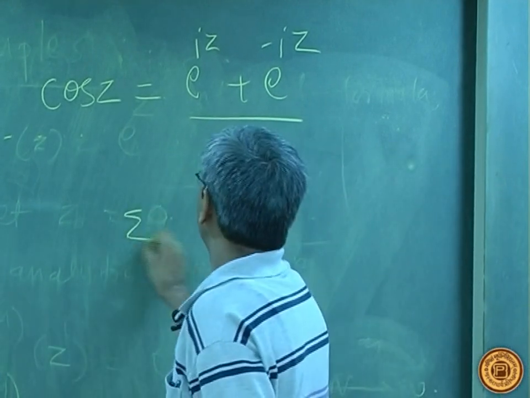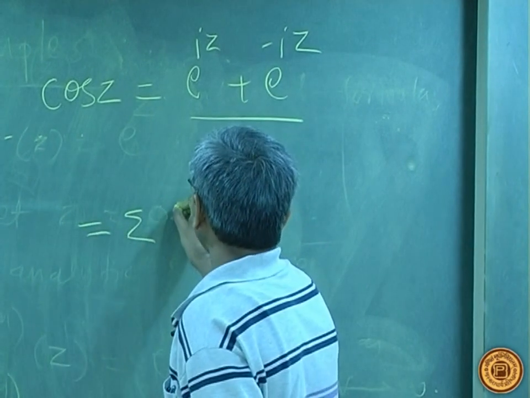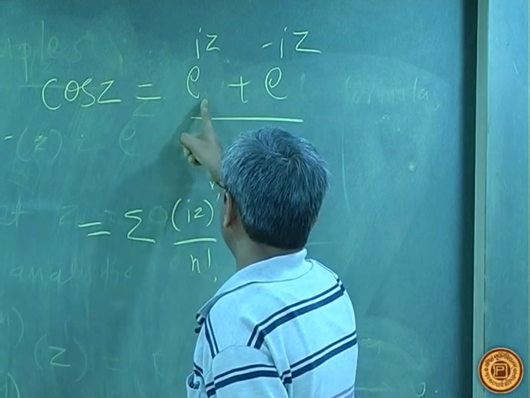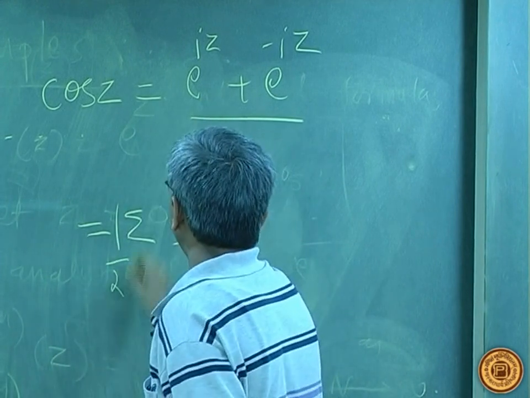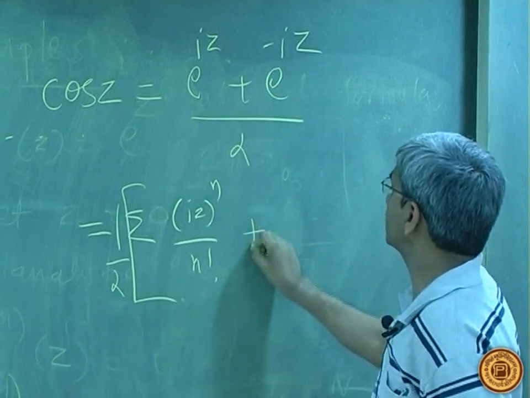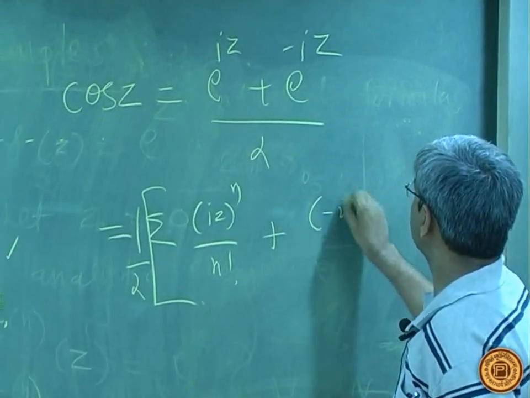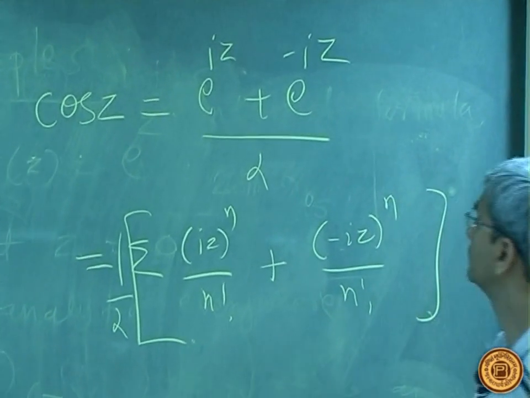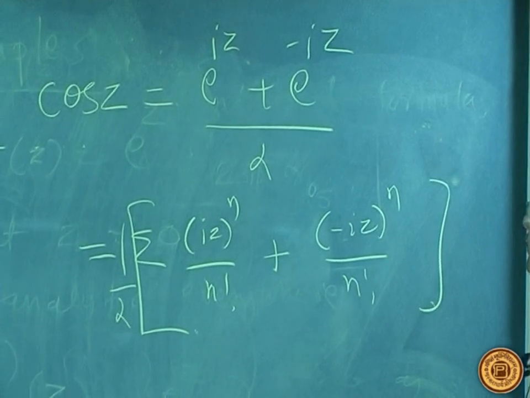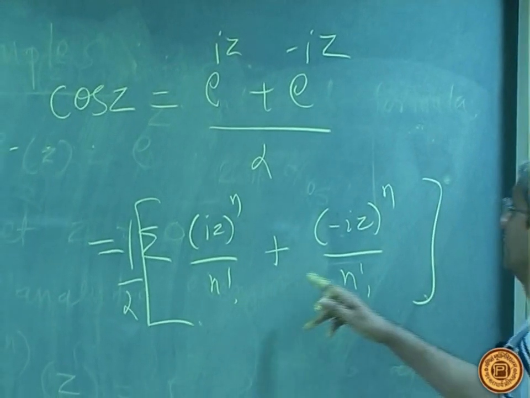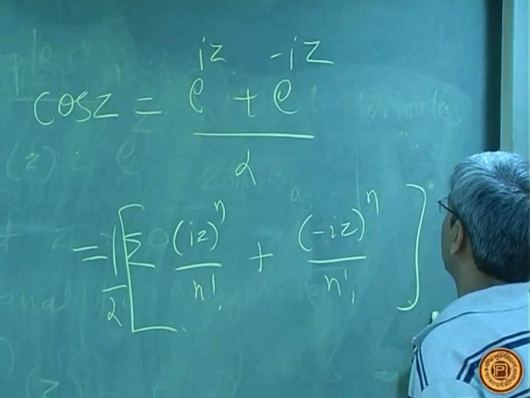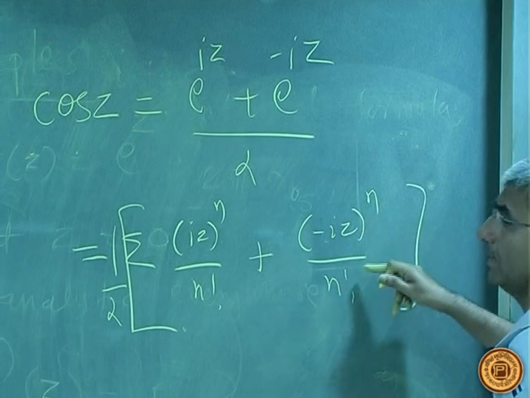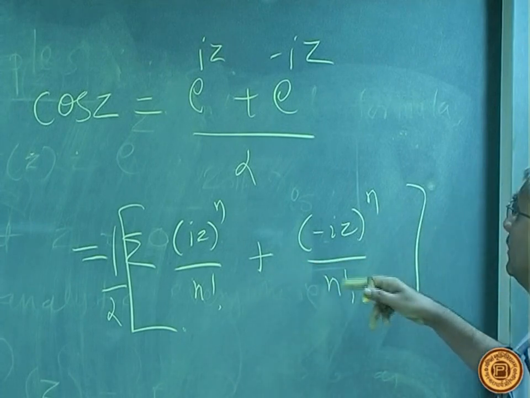What I mean is that this is the summation of iz to the power n upon n factorial, with the 1 upon 2 taken outside, plus the summation of minus iz to the power n upon n factorial. Then you can take z to the power n upon n factorial outside, and i to the power n plus minus i to the power n, and then you check that for odd n this gets cancelled.